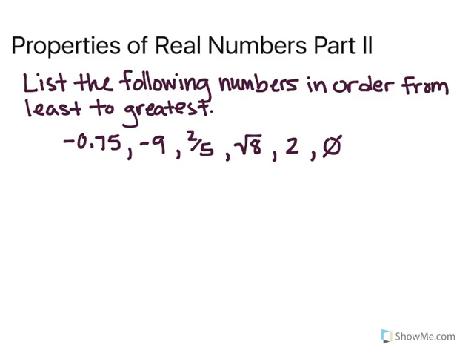We have natural numbers, which are our counting numbers. We have our whole numbers, which are the natural numbers including 0. We have integers, which are positive and negative natural numbers including 0. And then we have our rational numbers, which is any number that can be classified as a fraction, including everything above it: integers, whole numbers, and natural numbers.